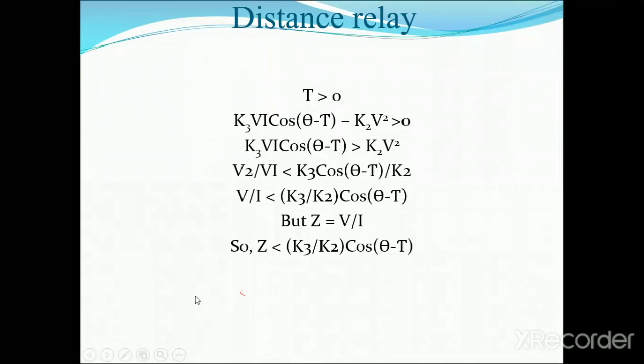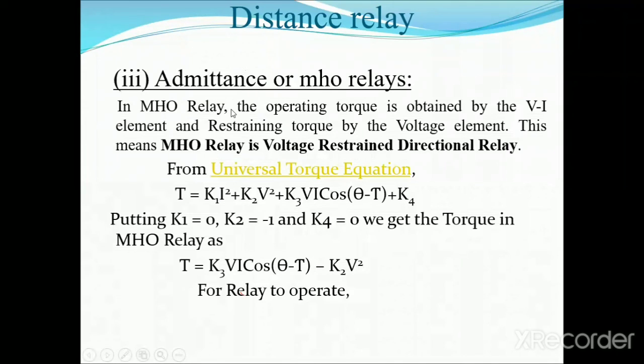Its characteristic passes through the origin of the RX diagram. The admittance relay is also called the Mho relay.